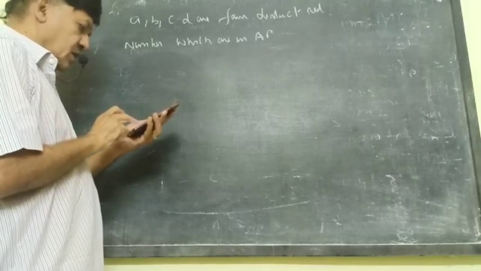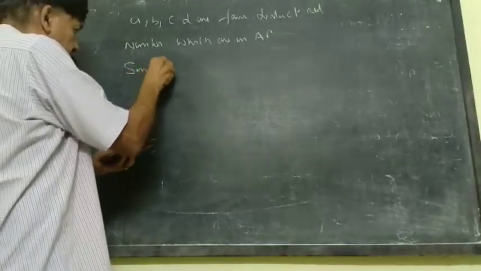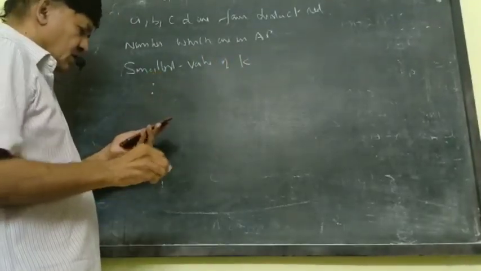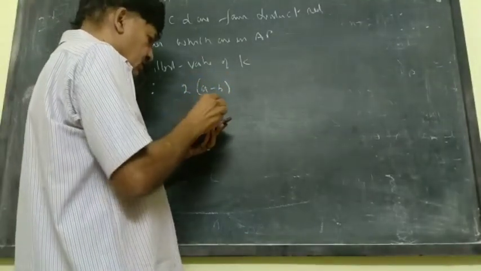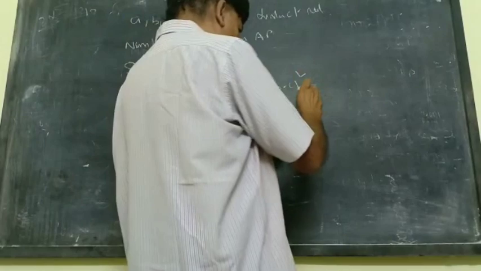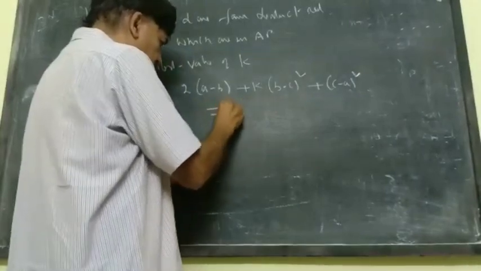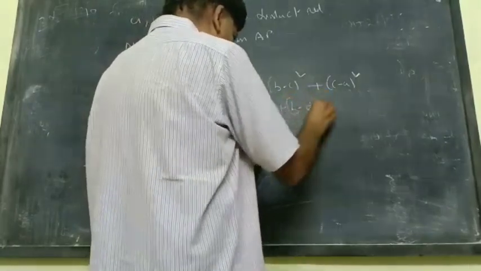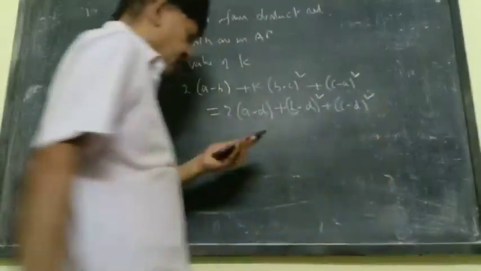Then the smallest value of k such that 2 into (a minus b) plus k into (b minus c) whole square is (a minus b) whole square plus (b minus c) whole square plus (c minus a) whole square is equal to 2 into (a minus d) plus (b minus d) whole square plus (c minus d) whole square.